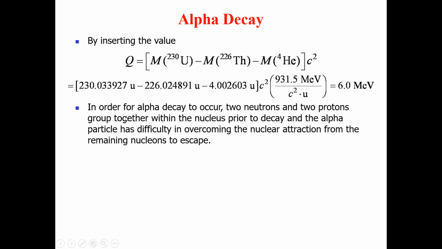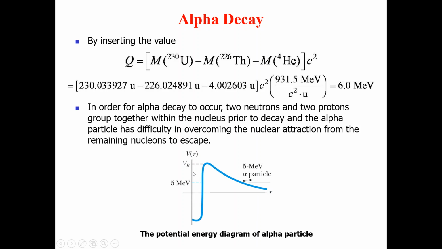Now what does it mean? In order for alpha decay to occur, two neutrons and two protons group together within the nucleus prior to decay, and the alpha particle has difficulty in overcoming the nuclear attraction from the remaining nucleons to escape. The energy is less than what is needed for the alpha particle, but here is a problem inside the nucleus.